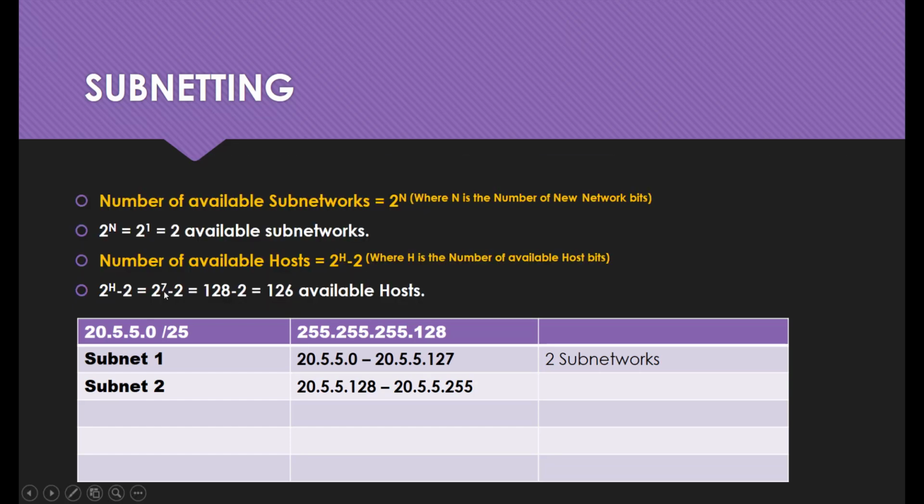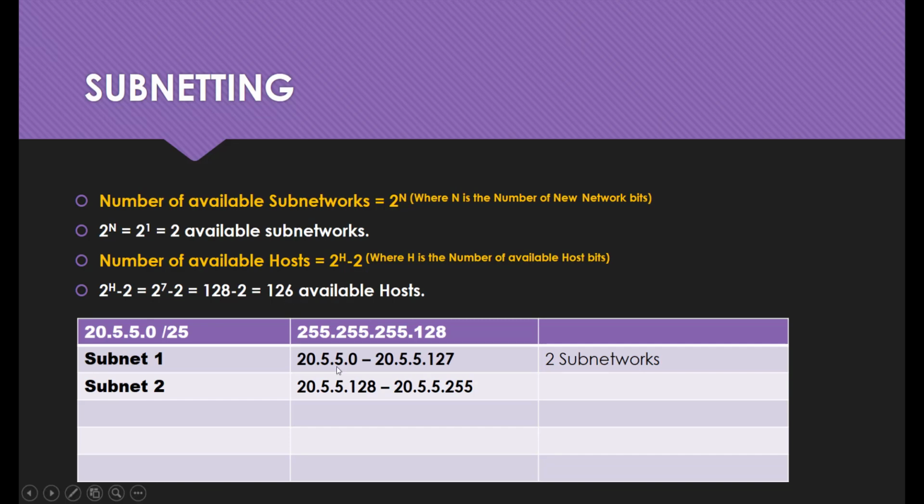So we have 7 available host bits. So 2 raised to power 7 is 128, minus 2 is 126 available hosts. So for each subnet, we have 128 hosts, of which 126 are available to be issued to devices.